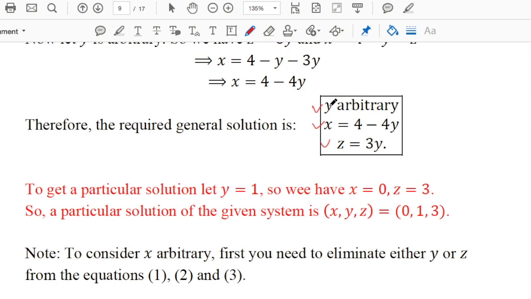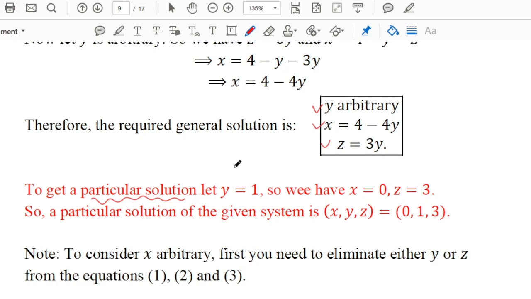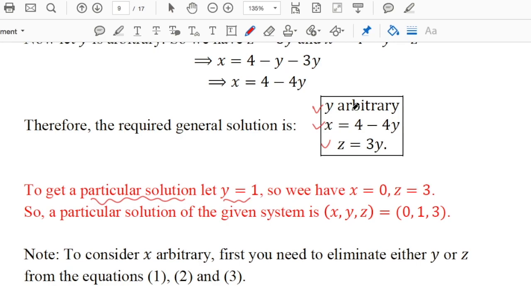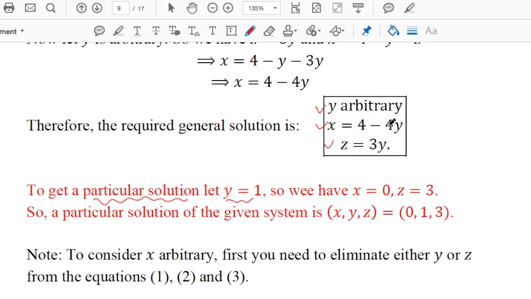Now the other thing is the particular solution. We get a particular solution from the general solution by putting any particular values for the arbitrary variable. For example, let's say y equal to 1. You are allowed to consider any real value for y, as I said before. So when y equals 1, x will be 4 minus 4 into 1, which means 0. And z will be 3 into 1, which means 3.